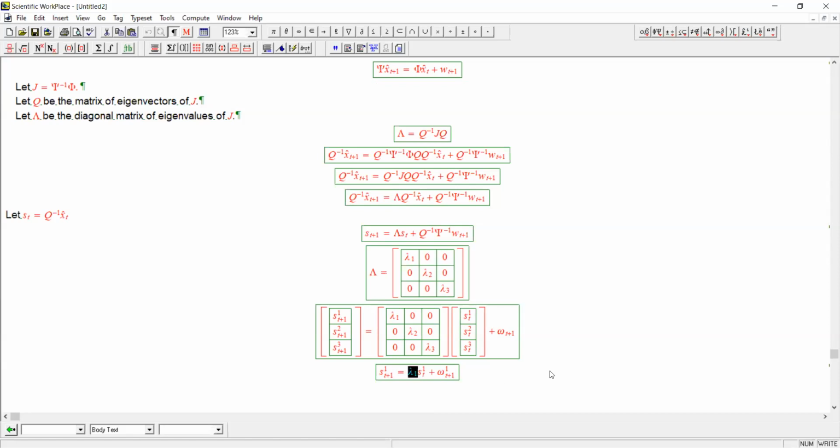is inside the unit circle, then any disturbance here is going to affect s t plus 1, but then its influence in the following period is going to be mitigated because lambda 1 is inside the unit circle.